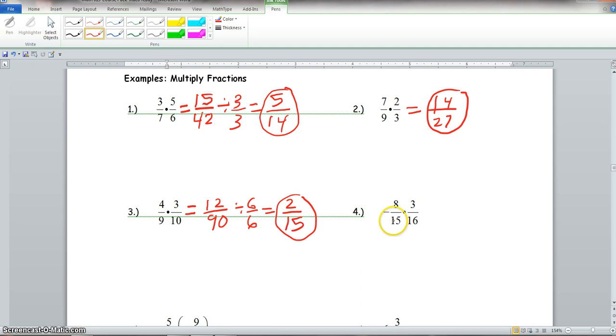Now we come here to number 4. Now first of all, we notice we have a negative times a positive, which is negative. Now we multiply straight across. 8 times 3 is 24. And 15 times 16 is 240. Now the greatest common factor of 24 and 240 is 24.